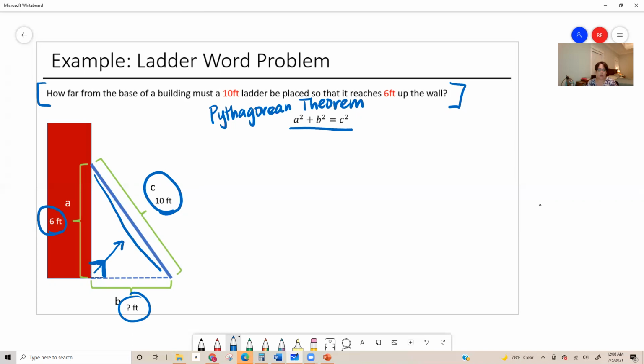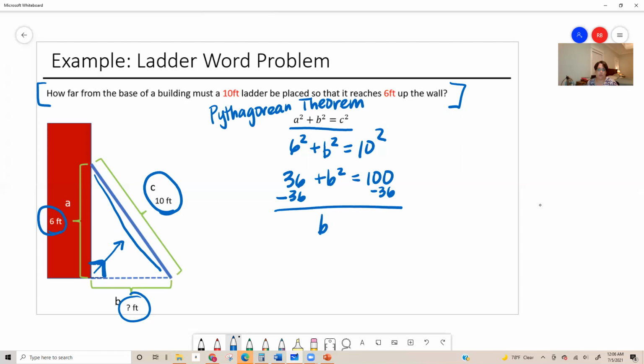Okay, so that's the only catch to this. So A squared would be 6 squared plus, I don't know what B squared is, so I'm going to say B squared is equal to 10 squared. Okay, so that's 36 plus B squared is equal to 100. Now, if you remember from algebra, we're wanting to know what B is, so we need to subtract 36 from both sides.